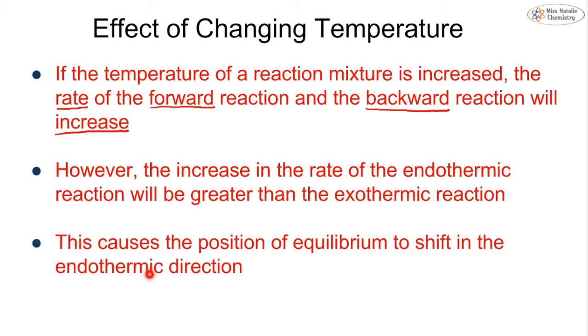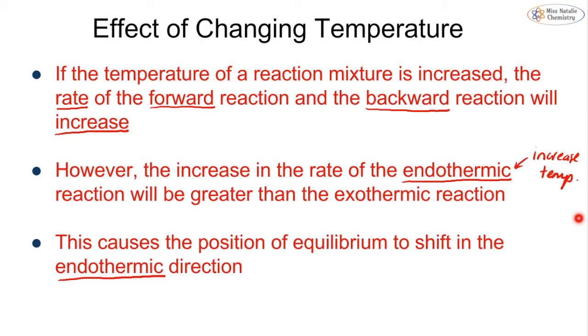However, you're going to see a bigger increase in the endothermic direction if we increase the temperature. So the rate of the endothermic reaction is going to be much bigger than the exothermic. That's going to cause the position of equilibrium to shift towards the endothermic reaction, because that one's going to happen more.